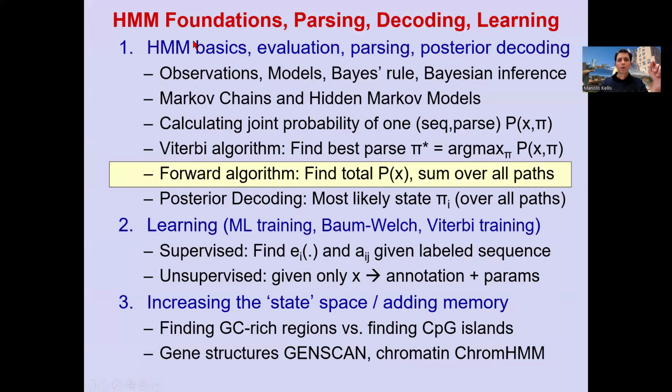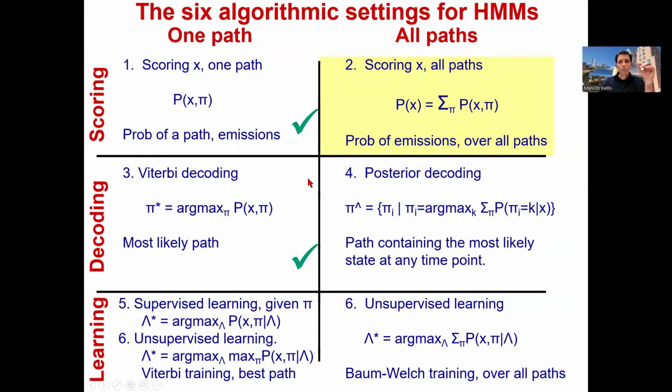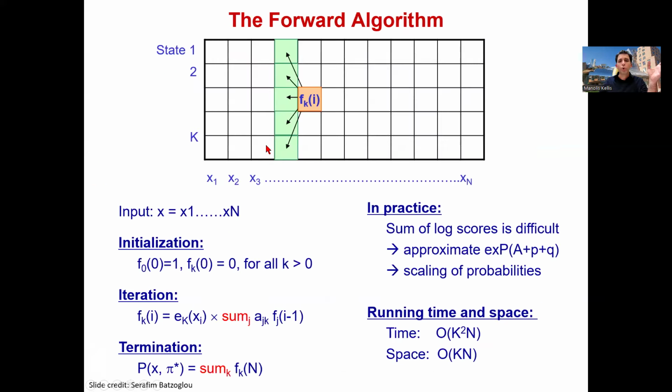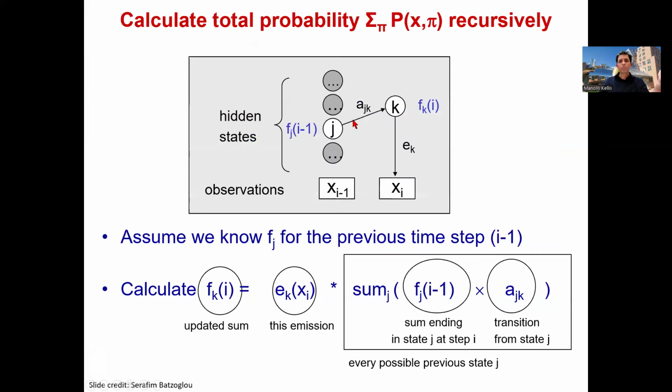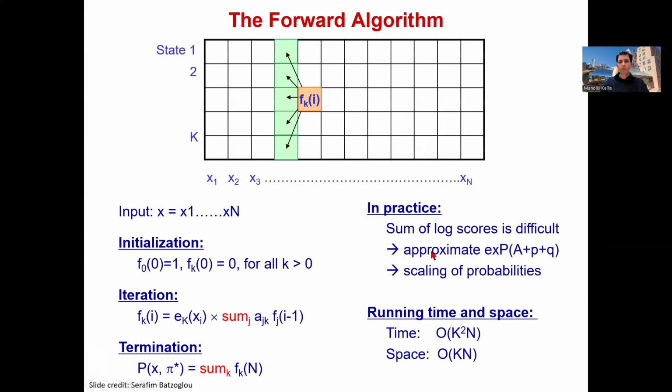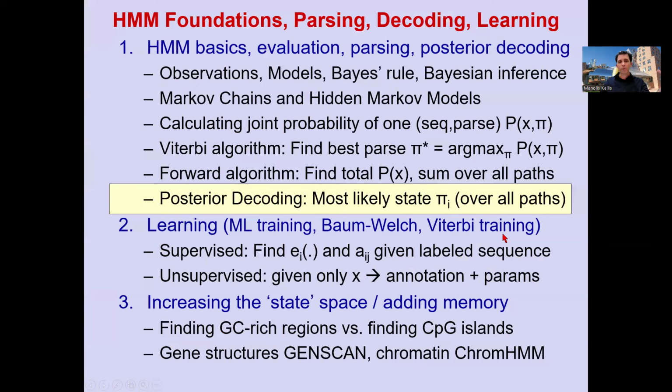Yes? Awesome. So now that I have that, I want to also perhaps calculate the total probability of generating a sequence. What is that total probability? It's the sum of all of these probabilities. So then I can propagate that all the way to the end.